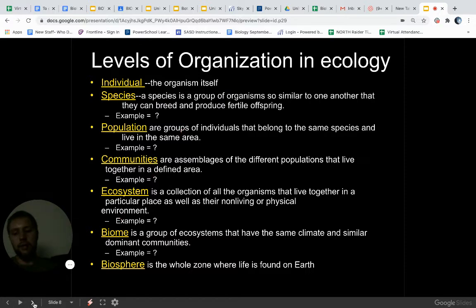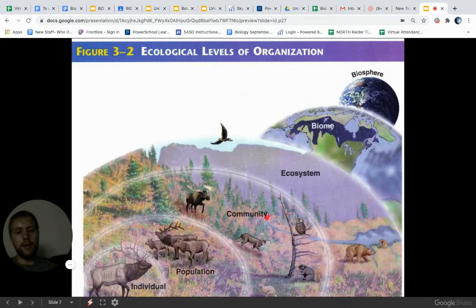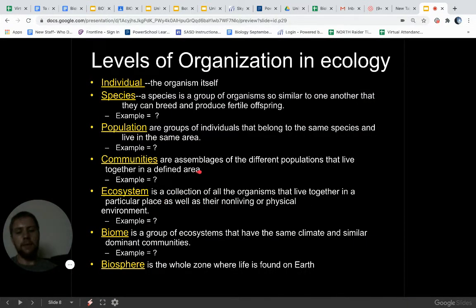So as we go up the ladder of levels, we can see that a community now factors in populations of different species living in the same environment. So for example, all the elk in this environment, all the moose, all the mountain lions, owls, beavers, rabbits, all of those groups of living organisms would be considered a part of the same community, right?